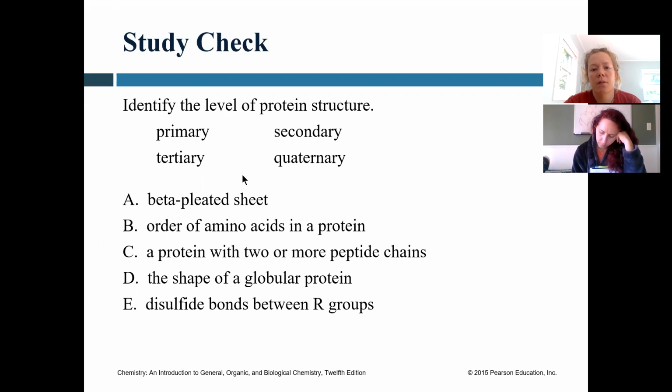Identify each of the following at their protein structure level.